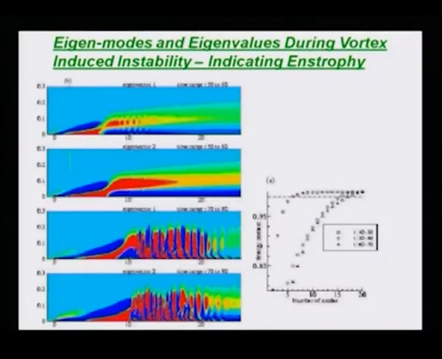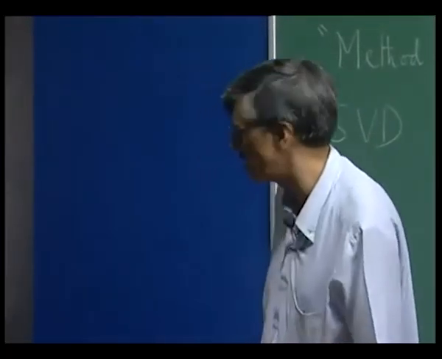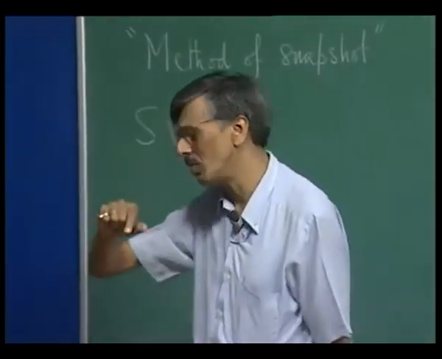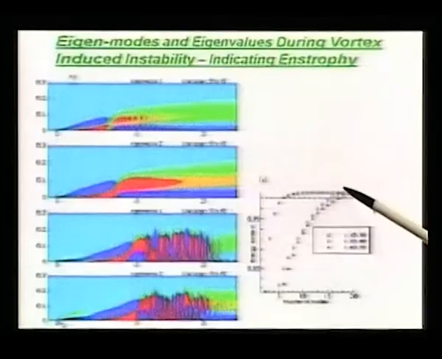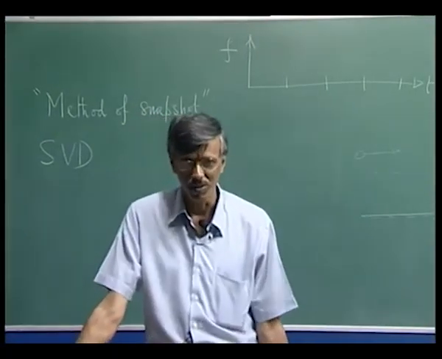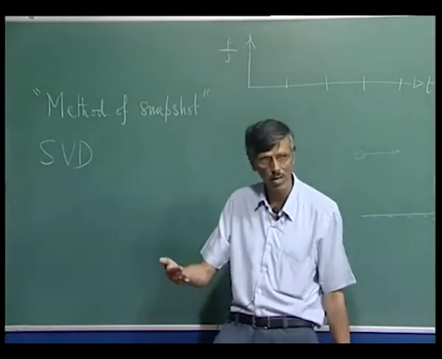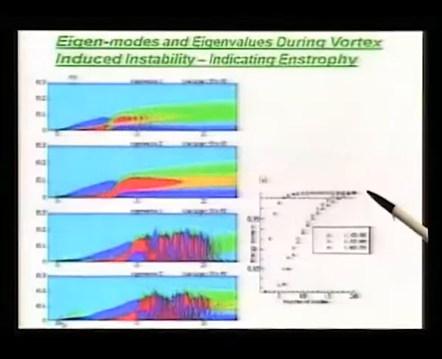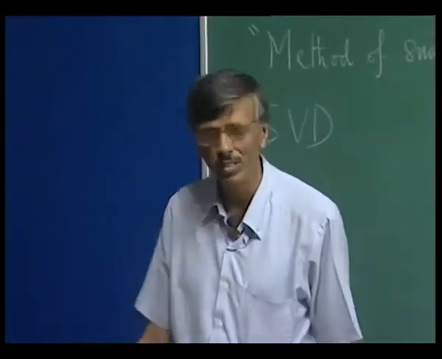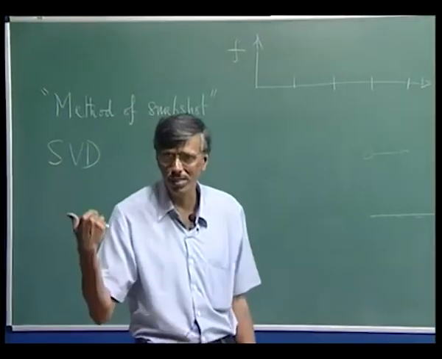So, although we are talking about a physical domain having a very large number of modes, the method of snapshots reduces that by converting it into only 21 modes. The number of frames determines the number of modes. So, you understand why I emphasize the method of snapshots by Sirovich. Instead of looking at spatial eigenmodes of very large dimension, we are looking at a very few snapshots, and we get this.